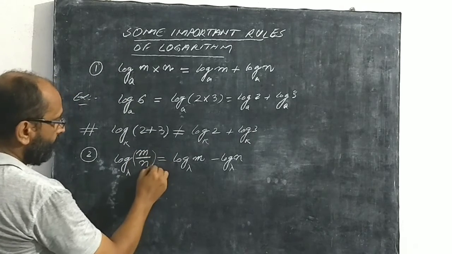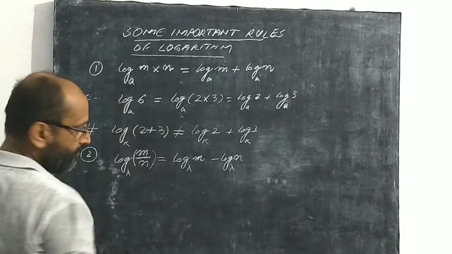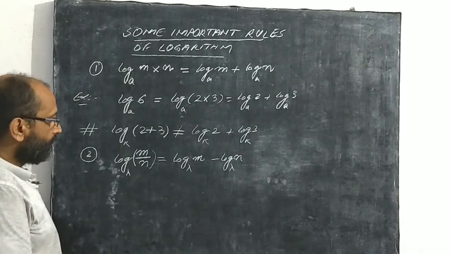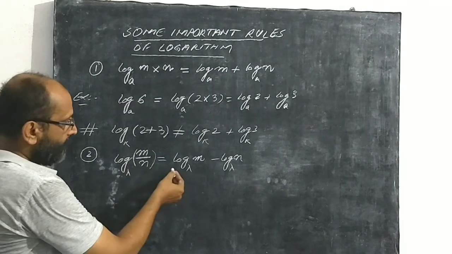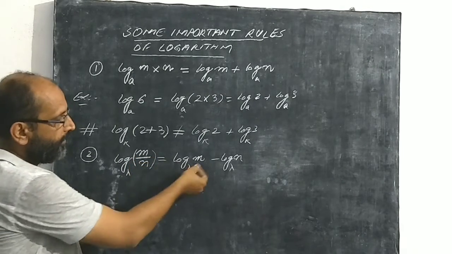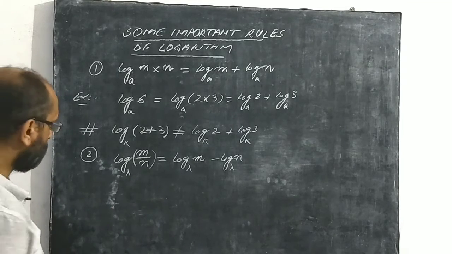If the number is given in the form of division or fraction, it is written as the difference of the individual logarithms of numerator and denominator with the same base. This is the second law, which is called the quotient law.